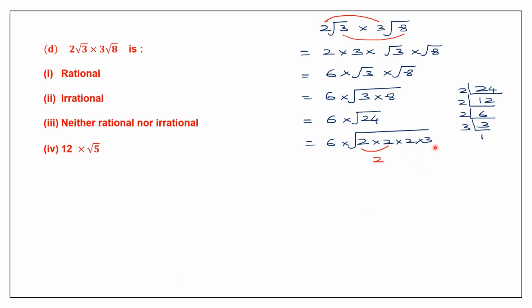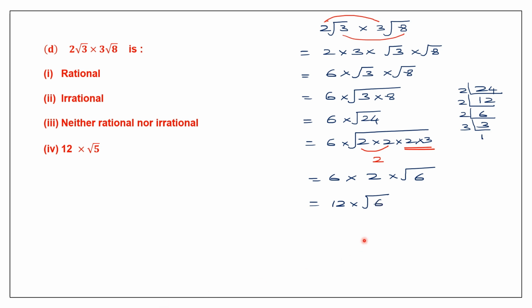So now we write this as 6 into 2 into the root of these two, that is 2 into 3. 2 3s are 6. Now we can multiply this. 6 into 2, 6 2s are 12 into root 6.